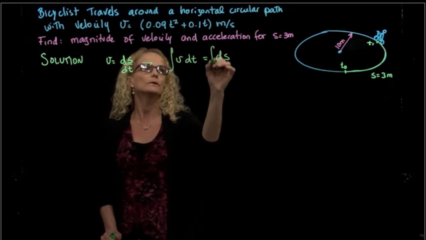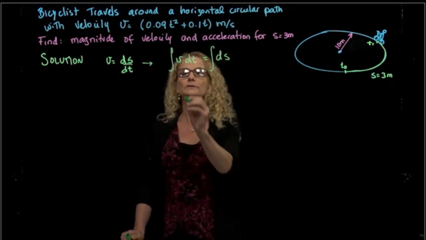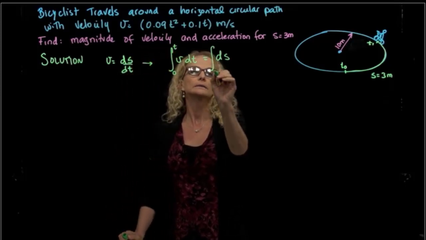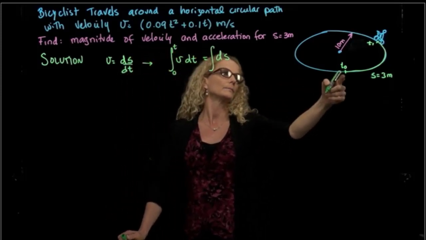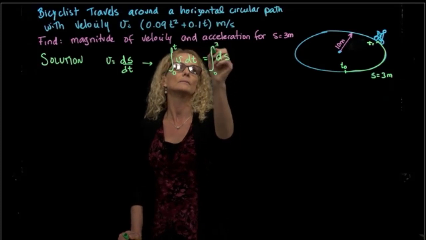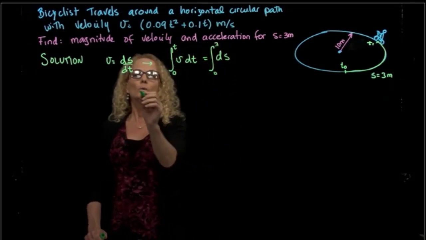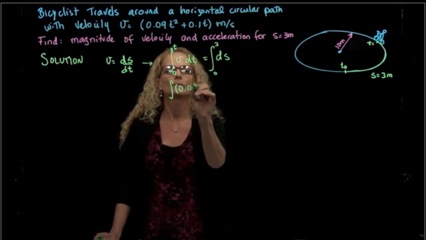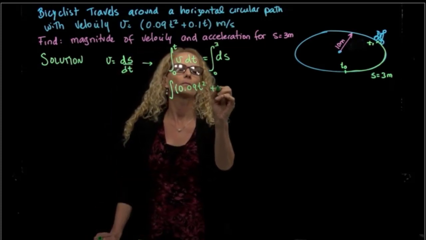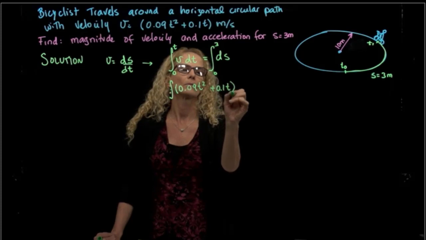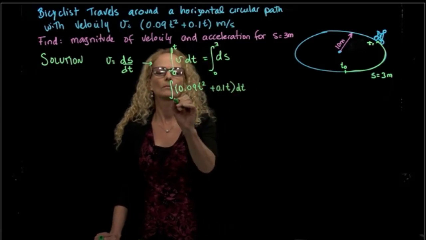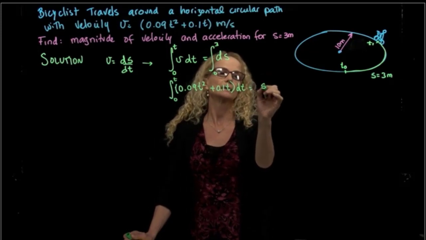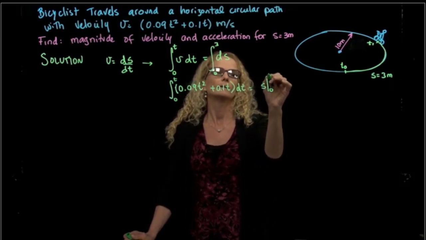The limits of integration depend on the differential, so this is 0 to a certain time, and this is 0 to 3 meters. I integrate that and that's just s, which is 3.